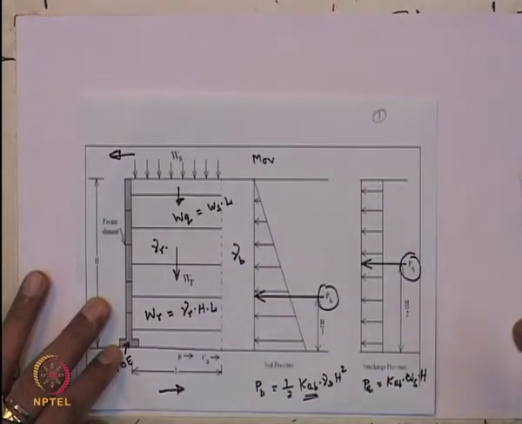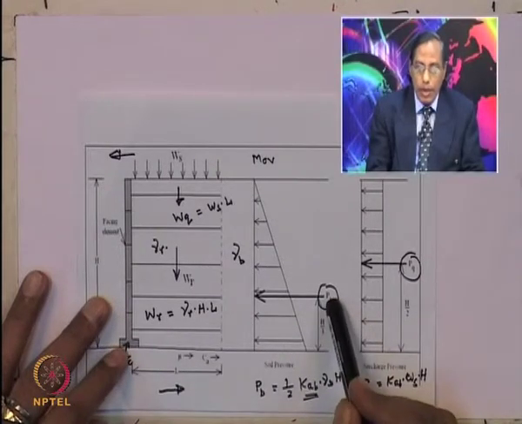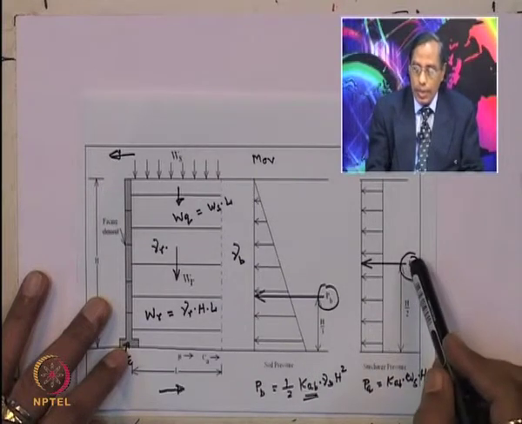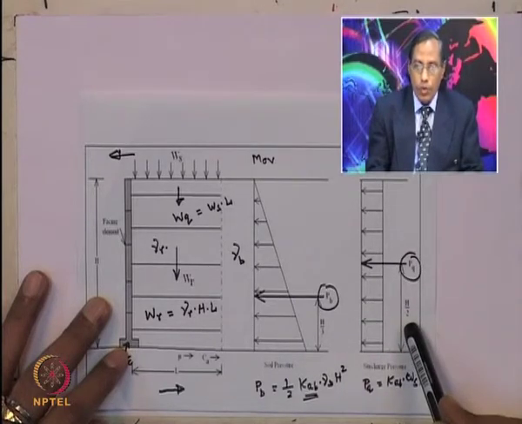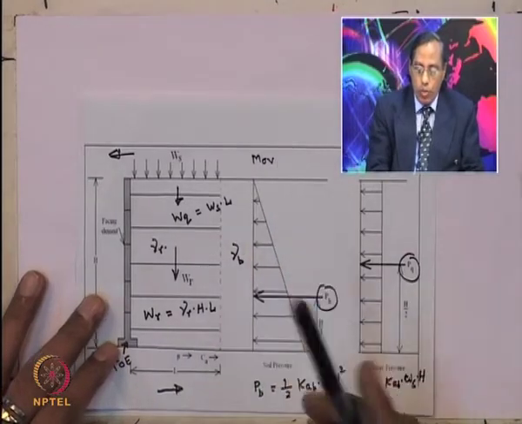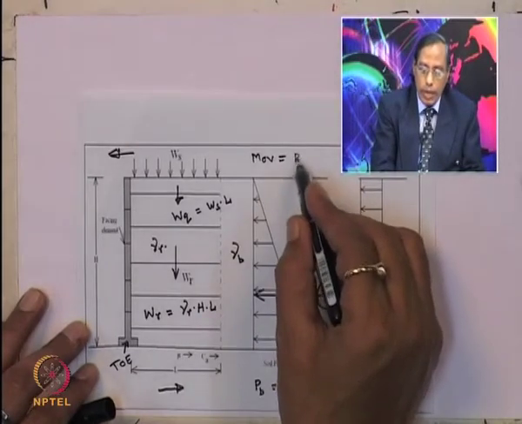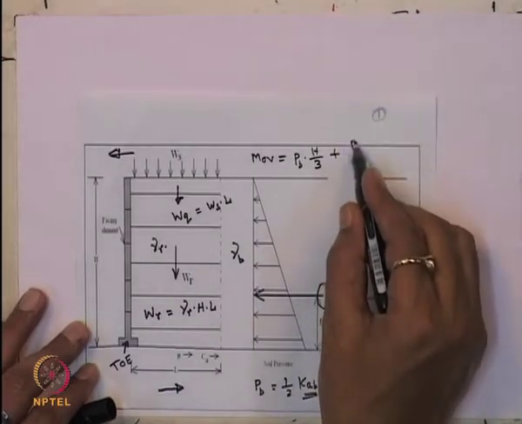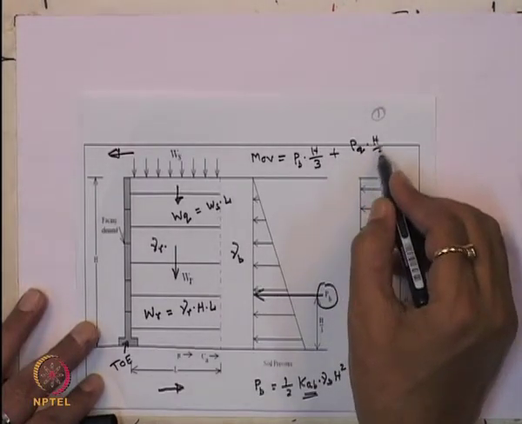So, this M_OV will be equal to the moment at the toe, that means PB into H by 3, since PB is the force due to soil and the distance is H by 3, and due to the surcharge this is PQ and the distance is H by 2, that is PQ into H by 2. So, you can write that M_OV equals PB into H by 3 plus, due to the surcharge, you take the moment at the toe, that means PQ into H by 2.